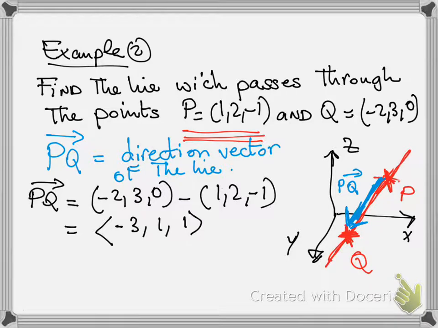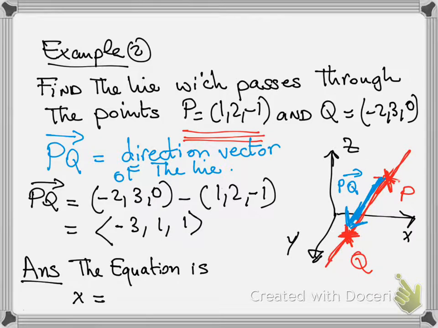Okay, so now, once we have the direction vector and a point, the parametric equation is, so x is going to be x0. Remember, x0, y0, z0 are the coordinates of the point. So here that would be x0, here's y0, and this is z0.